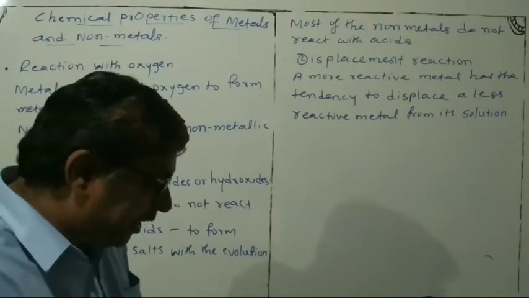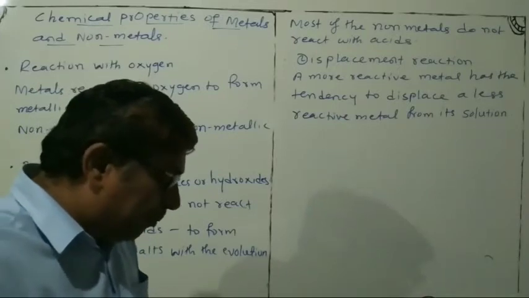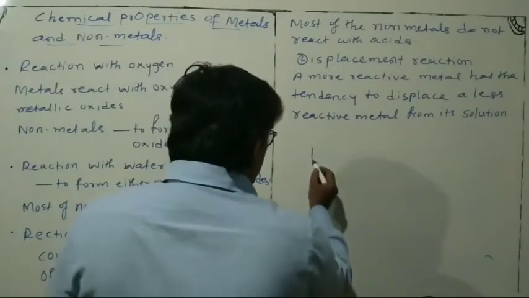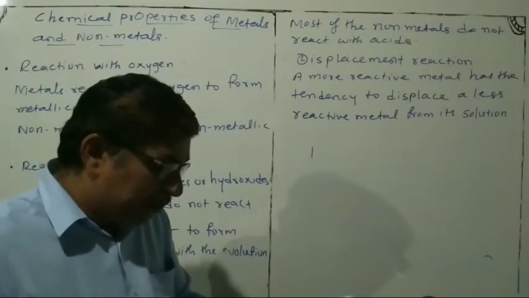So what you have to do is take samples of metals and non-metals and put them in separate test tubes.